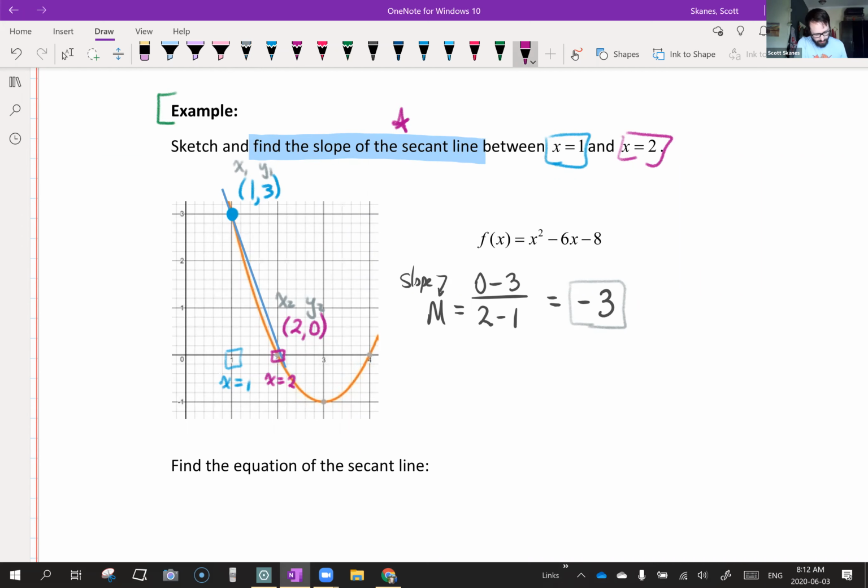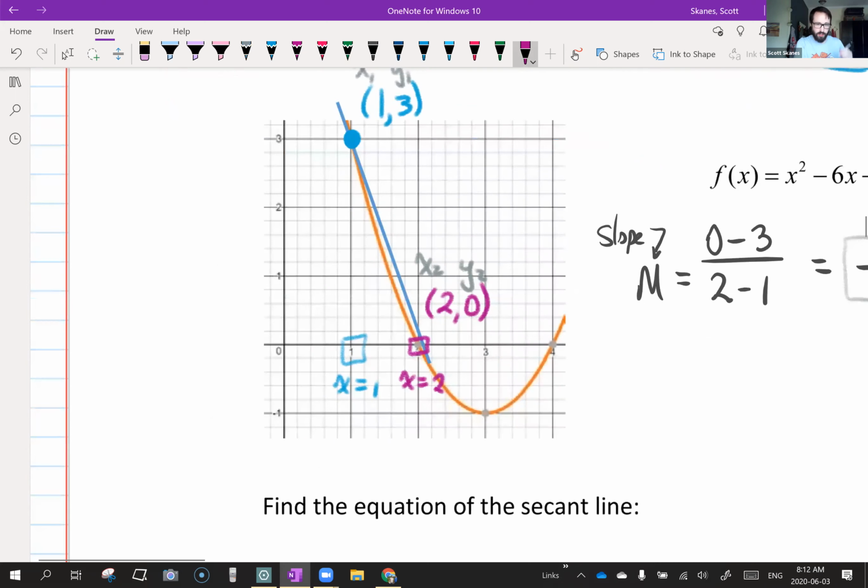I'm going to erase this in a second. But just look at this. If you want to do it in shorthand, our 2 points, our rise is actually going to be 1, 2, 3, down 3. And our run is over 1. So it should be -3 over 1, which is our answer.